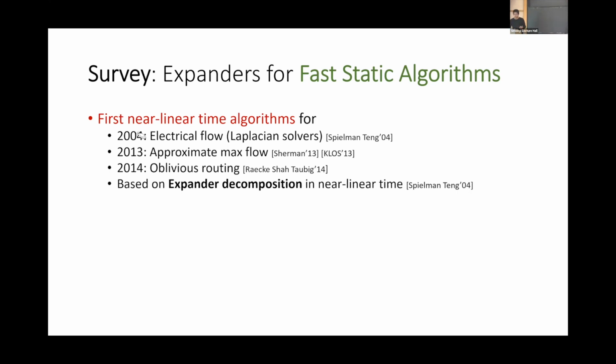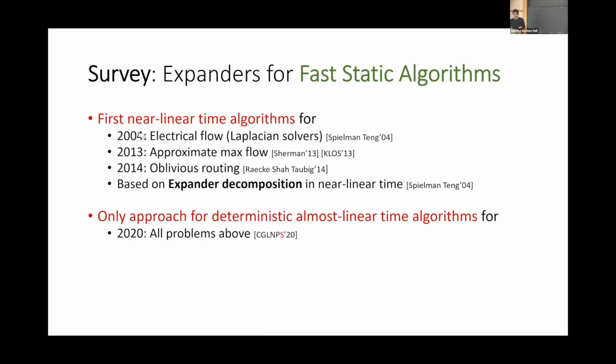And then people had this fast algorithm for a while. Everything here is randomized, and then it turns out that several years after that, people managed to get deterministic algorithms for all the above problems. The way to get this is basically to first get a deterministic version of expander decomposition.